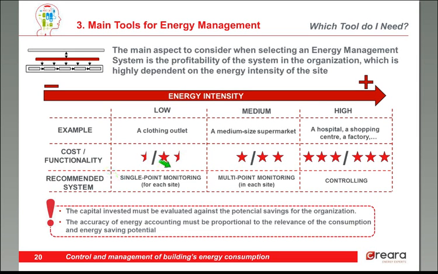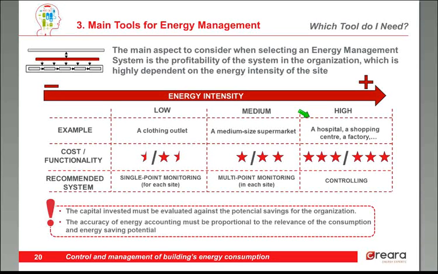Larger organizations may require more expensive and more sophisticated systems. For example, a medium-sized supermarket may benefit from having a system able to have multiple monitoring, so essentially able to break down energy consumptions. While a large hospital or a large factory or a large shopping mall, something like this, probably would benefit from a more complex and sophisticated system able to also control and action machines remotely.